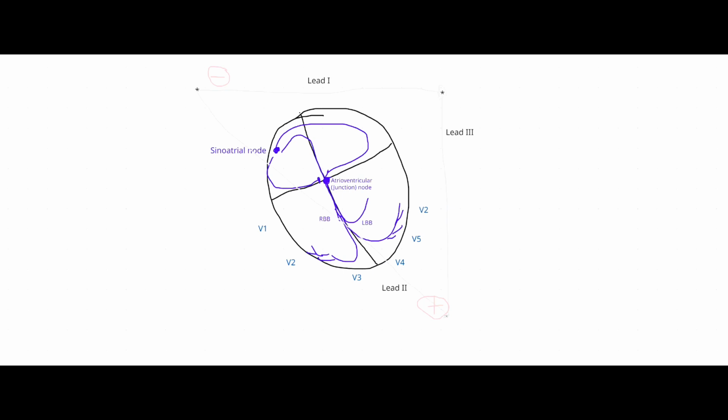Okay, so if we were looking at a 12-lead EKG and we're looking at a STEMI, right? What is STEMI again? ST elevated MI, myocardial infarction, right? We will see where that STEMI is at, and we could tell which part of the heart is affected. Where's that MI happening? Is it on the left ventricle or is it in the right ventricle? Okay.